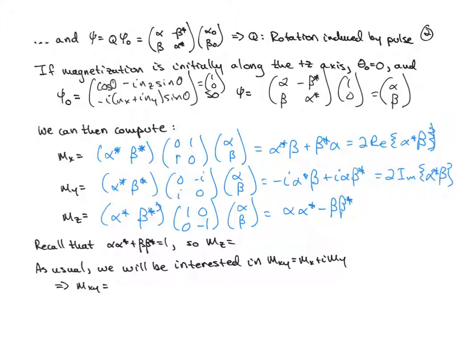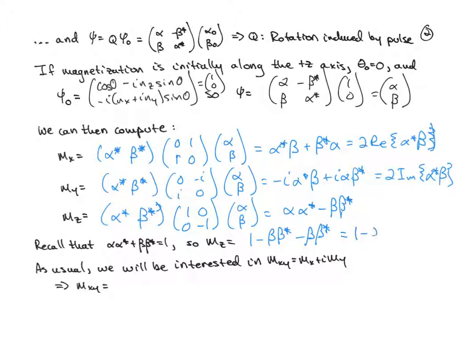That's equivalent to saying that the norm of the spinor has to be 1, or that we have orthonormal rotation matrices. And if we combine that with this equation, we can derive that mz more simply is equal to 1 minus beta beta conjugate minus beta beta conjugate, right? By solving this equation for alpha alpha conjugate and then substituting it there.